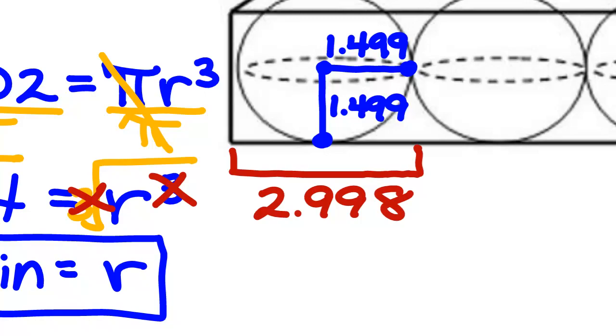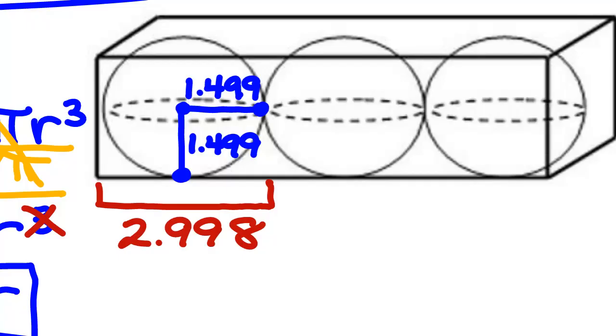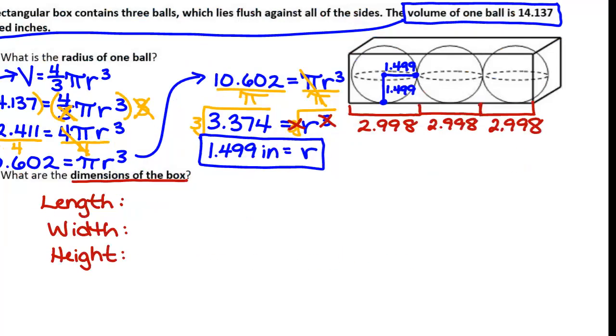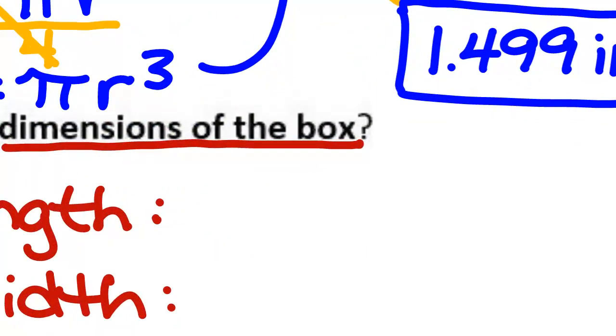Somebody said 3.374, which I can understand, but we're not timesing it by itself, we're adding it to itself. So one ball is 2.998. How wide is the next ball? 2.998. How wide is the third ball? 2.998. So what would I need to do to find the width of this box? Add them all together, or I could times it by 3.